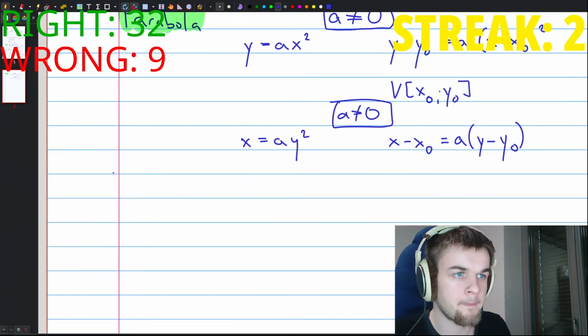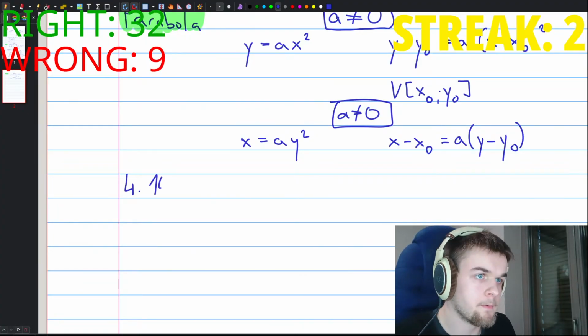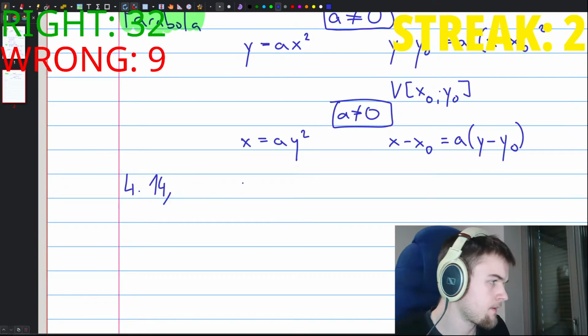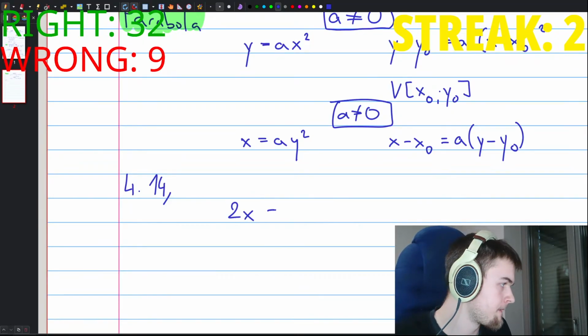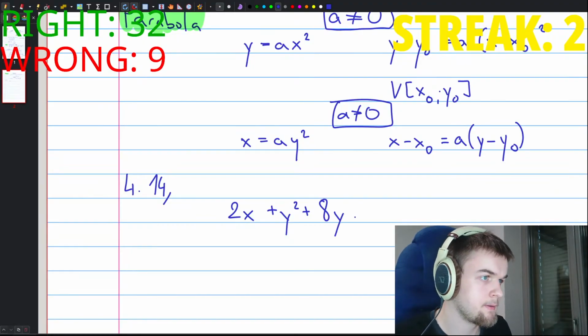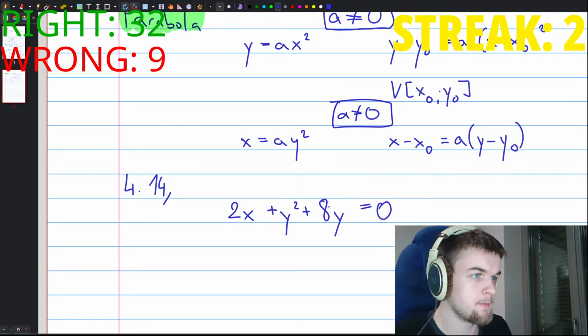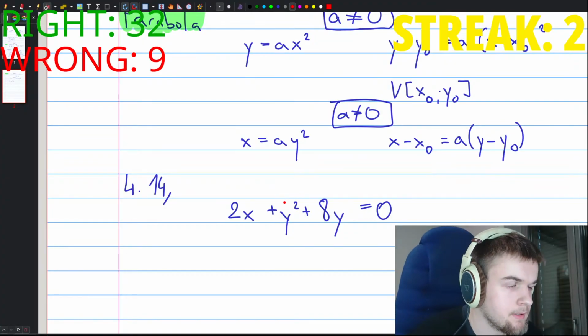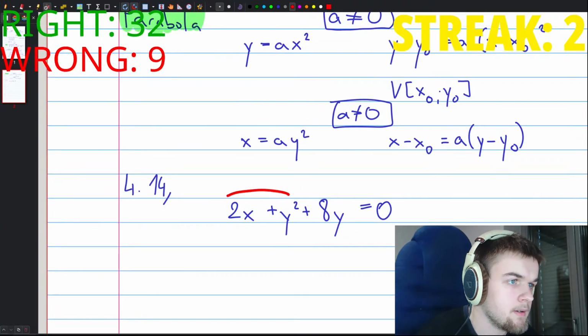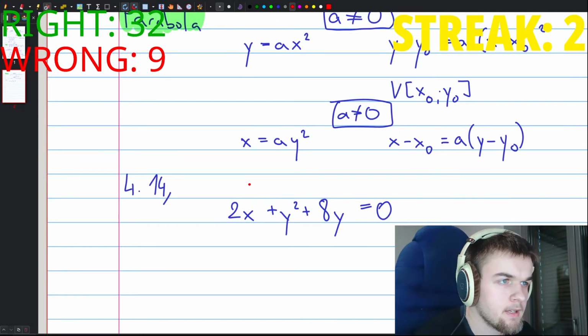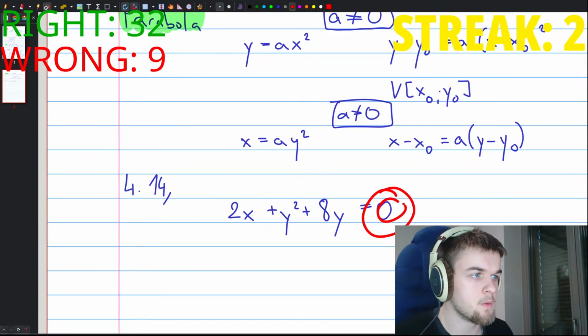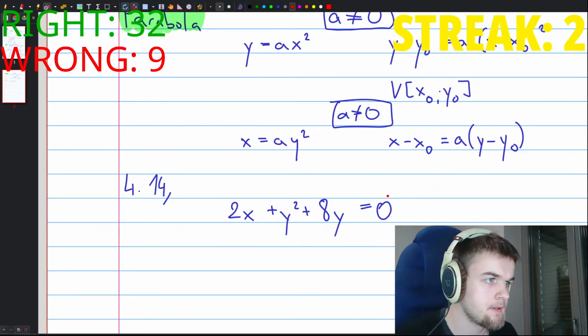Okay, now let's solve the problem for 14. We get 2x plus y squared plus 8y equals 0. So right off the bat, we can see that there is no 1, so it can't be an ellipse.